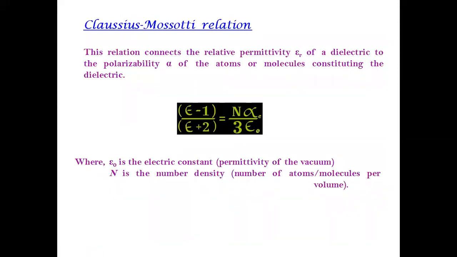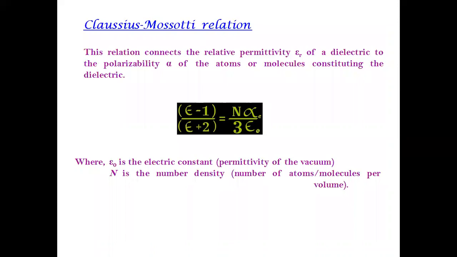Okay. In this slide, we have to know the Clausius-Mossotti relation. This relation actually connects the relative permittivity of a dielectric to the polarizability of atoms per molecule in that dielectric.